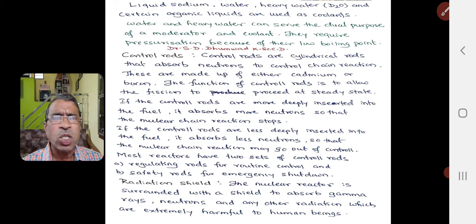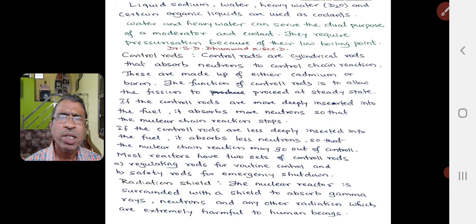Most reactors have two sets of control rods. One is regulating rods for routine control and number two is safety rods for emergency shutdown.